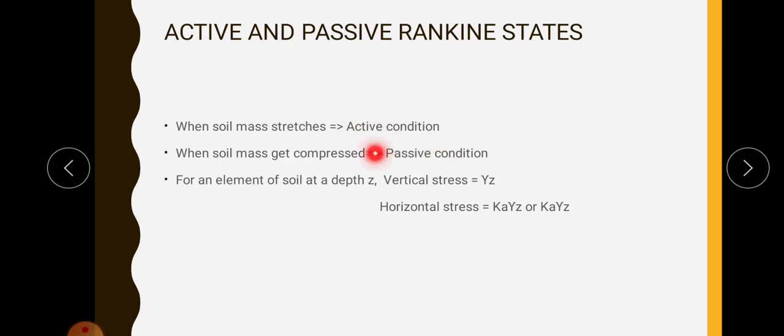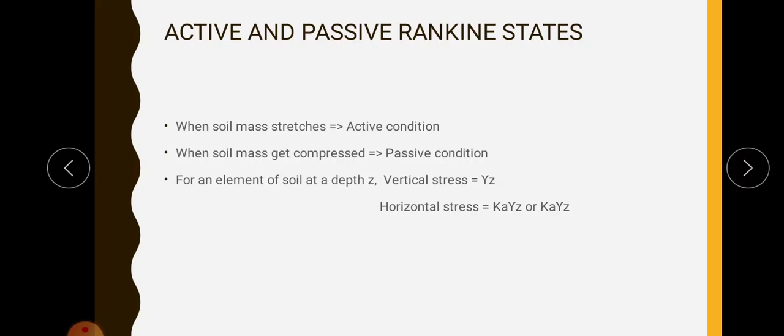In the active condition, the soil mass stretches, that is, it expands because the retaining wall is moving away from the soil mass, and the lateral earth pressure decreases. In the passive condition, the soil mass gets compressed because the retaining wall is moving towards the backfill soil, so the lateral earth pressure increases.